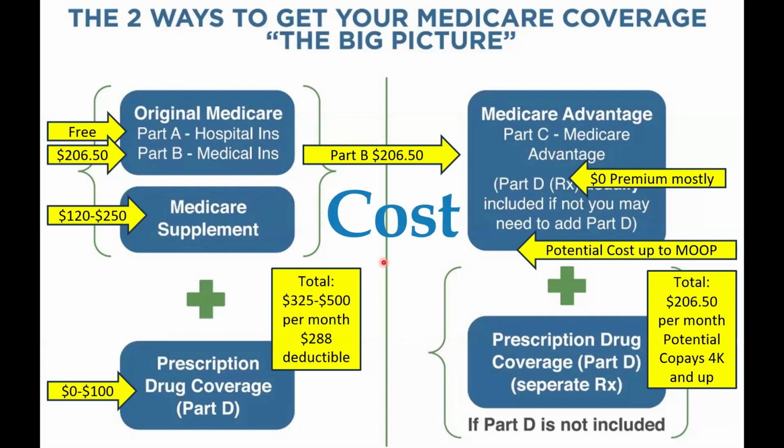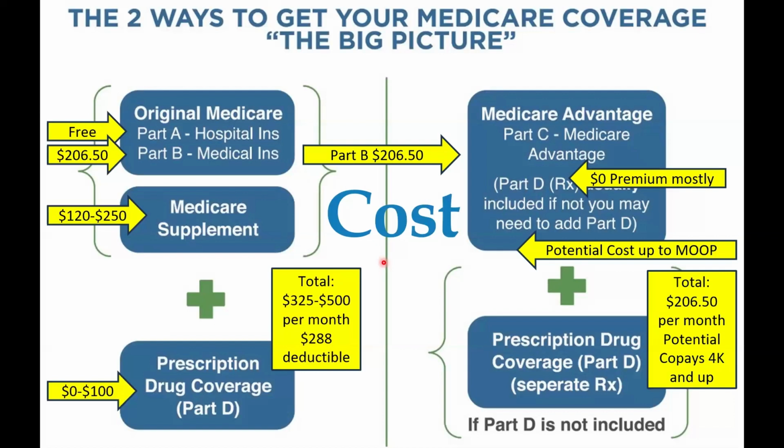On a side note, though, I will say that the nice thing about the Advantage plan copays is that they are small and manageable. So you're not paying 100% of this huge doctor bill until you reach that max out of pocket. So I've had clients that have had complete knee replacements with the specialist coverage and the testing and the rehab and still not reach that max out of pocket.